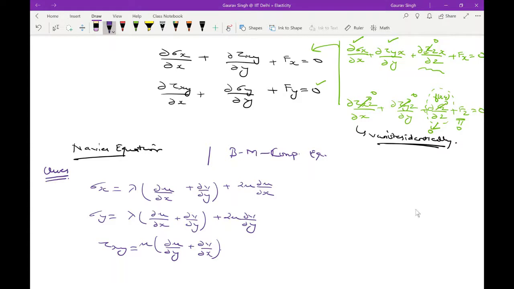Now this Hooke's law we want to substitute in the so-called equilibrium equations, these ones. What are the equilibrium equations? Let's just substitute it directly since we can see all of it.